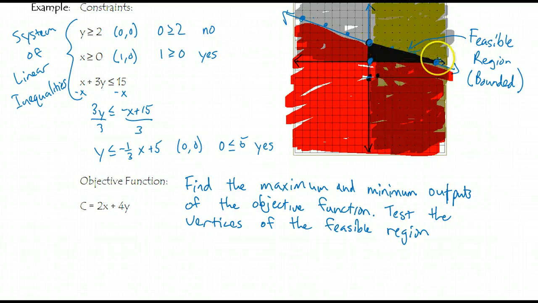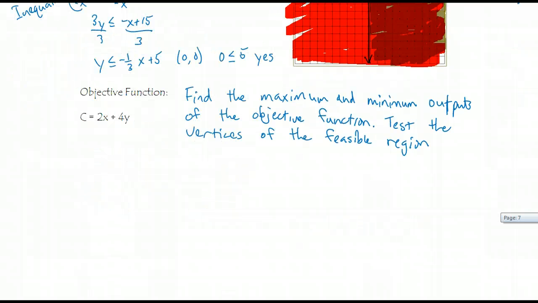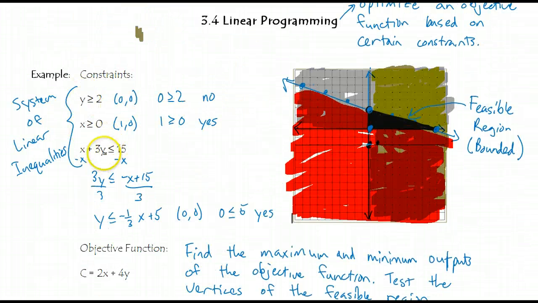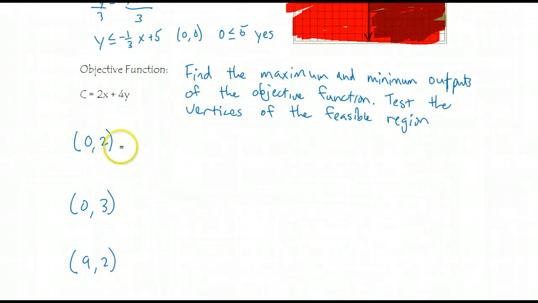So I need to use the ordered pairs for those 3 vertices. My first vertex is at the ordered pair 0, 2. My second vertex is at the ordered pair 0, 3. And my third vertex is at the ordered pair 9, 2. Now since all of these inequalities are "or equal to," all of the points on the region are possible solutions. So I'm going to test these 3 points.